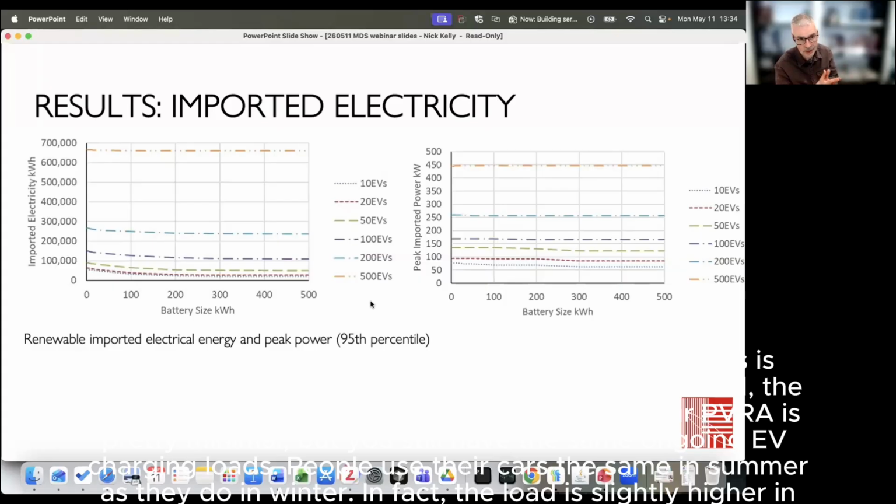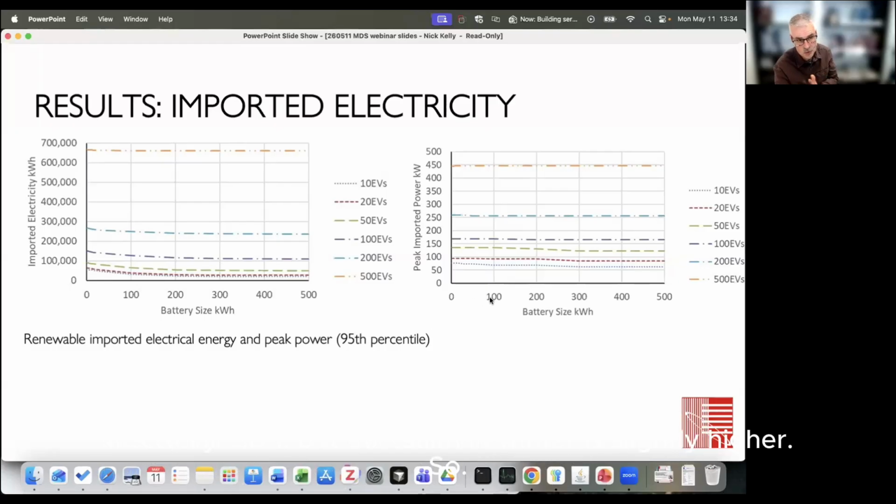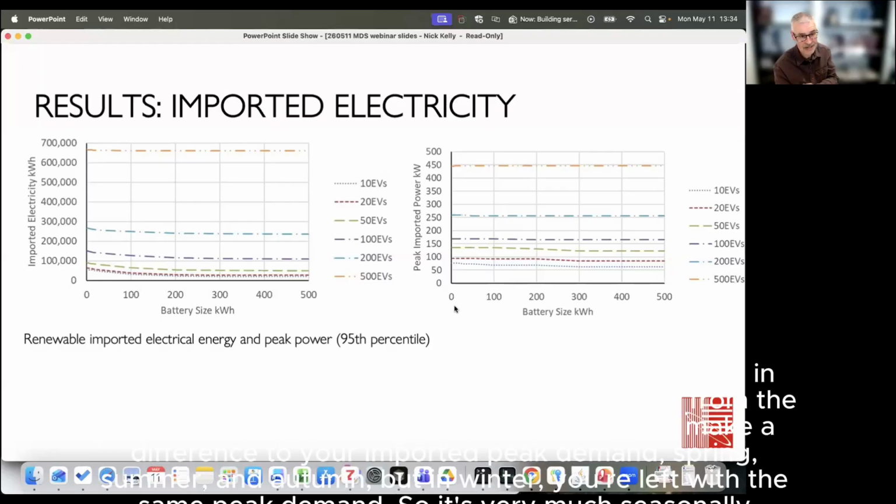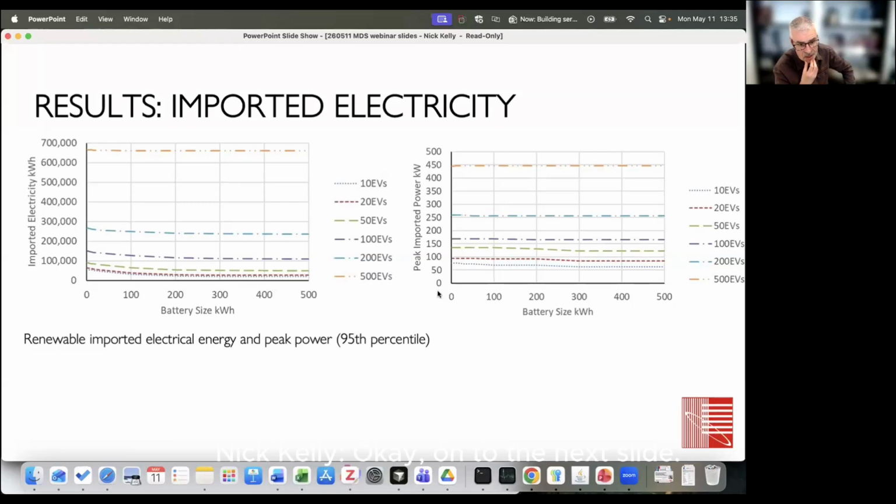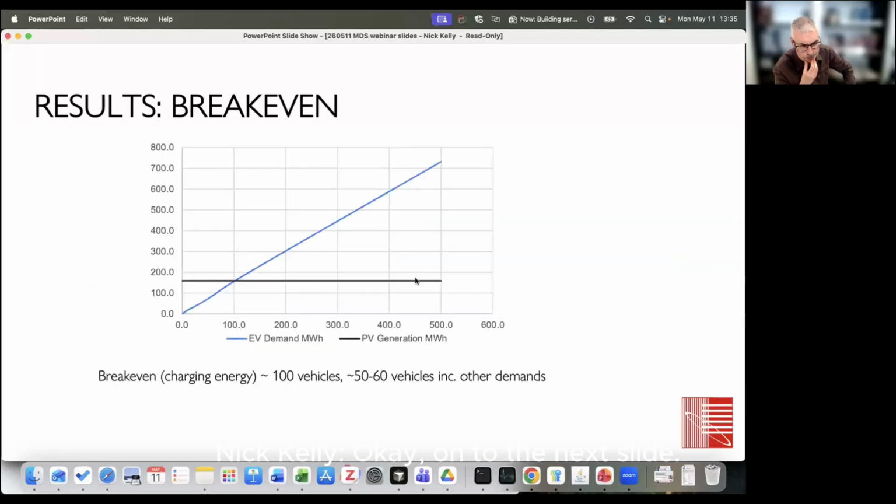In fact, the load is slightly higher in winter because you get heating, you get more lights on in your car, so the draw taken in winter is slightly higher. So if the PV is not making any contribution in winter, you're having to draw all of that energy from the grid. So yes, PV and batteries will make a difference to your imported peak demand in spring, summer, and autumn, but in winter you're left with the same peak demand. So it's very much seasonally dependent. Okay, on to the next slide.